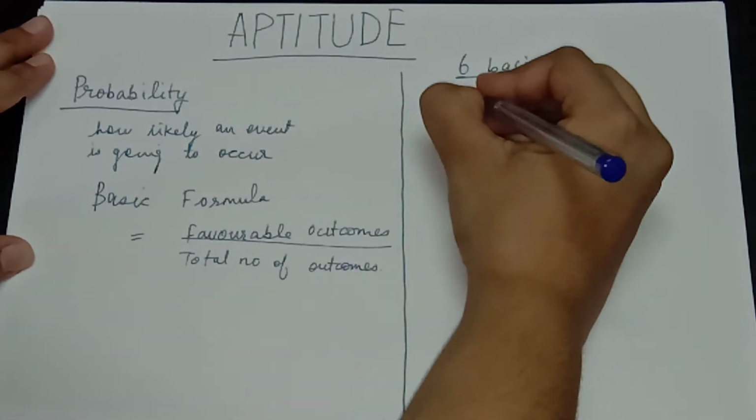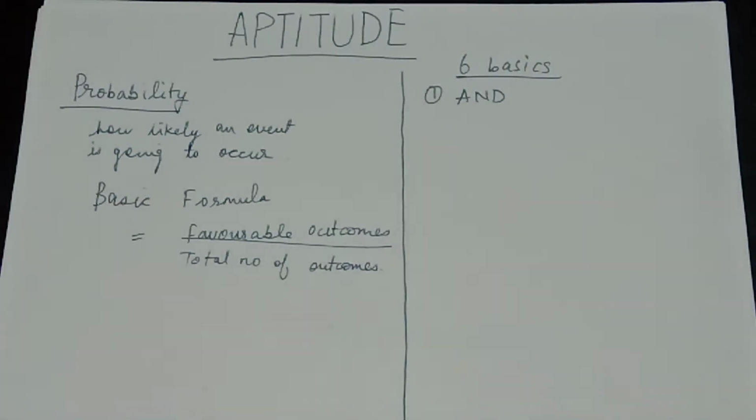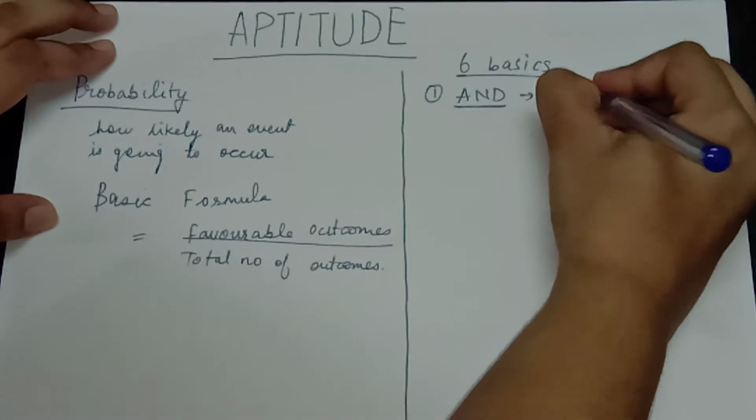First, there are some terms which are used in the question. The first term is "and". Wherever it is written that a white ball and a blue ball is picked up from a bag of, say, 10 balls, wherever the word "and" is used, you have to multiply.